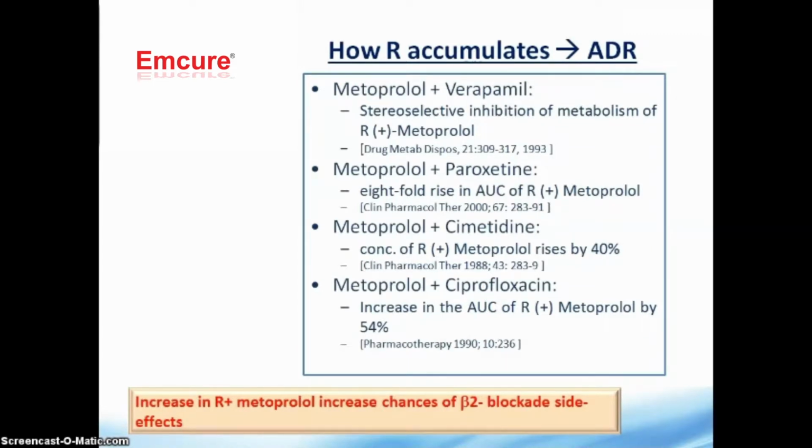We don't want a beta 2 blockade. We want unopposed action on the beta 2 receptors. As the R isomer of metoprolol accumulates, it increases the chances of beta 2 blockade, and once the beta 2 receptors are blocked, the side effects increase.